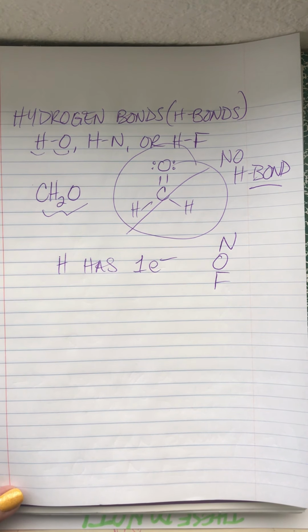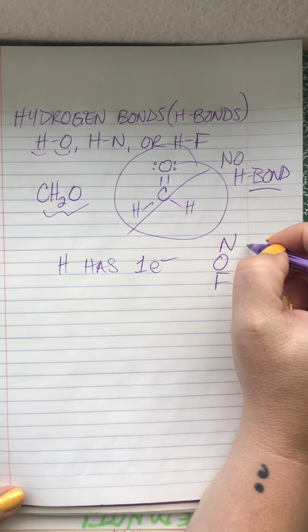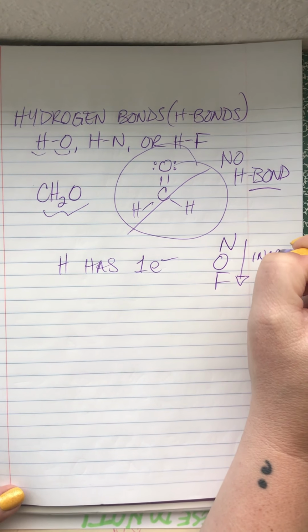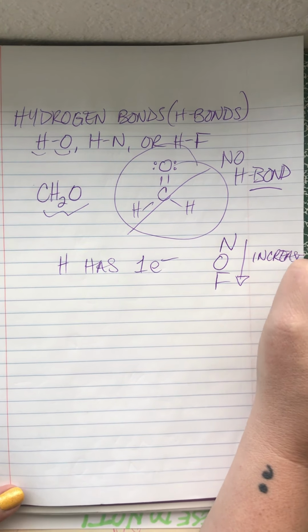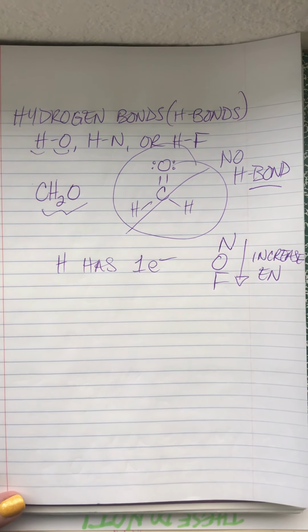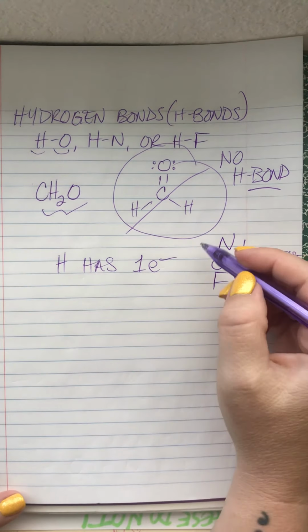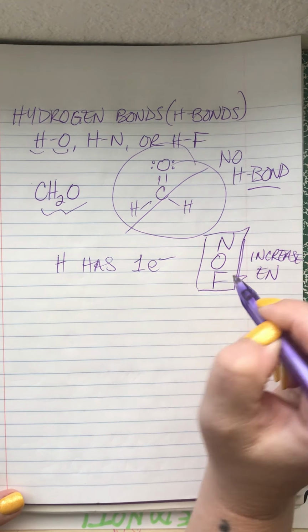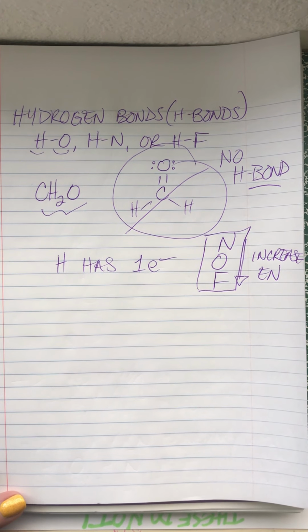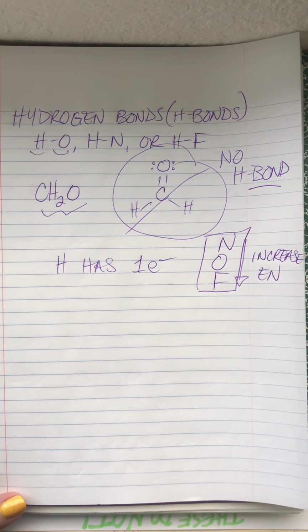Fluorine, right? So we know that these guys increase in electronegativity as we go across. But of all of the nonmetals, these guys are the most electronegative, right? You guys picking up what I'm laying down here?